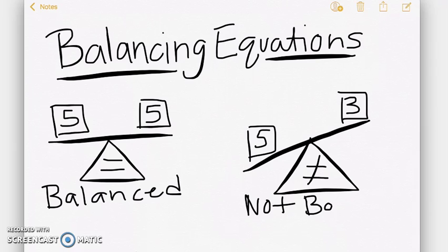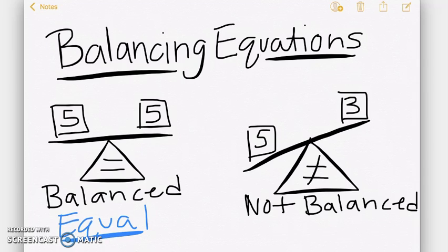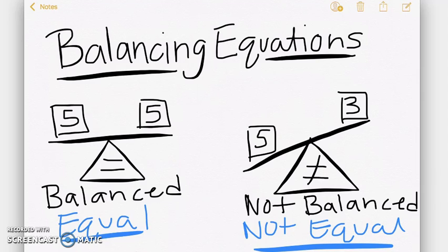The one with a 5 on each side is balanced, the other is not, because 5 does not equal 3. So the 5 that equals the 5 is equal, and the 5 which is not equal to 3 is not equal. This is the whole point with balancing equations.